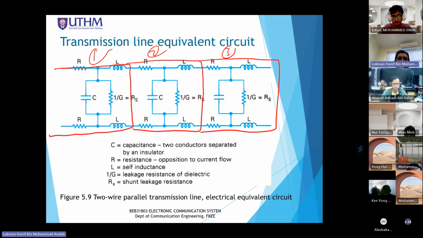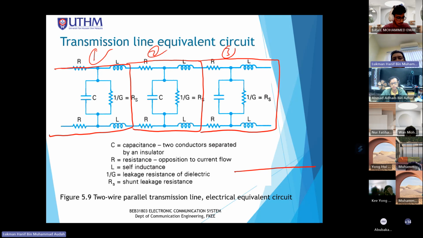Basically the transmission line consists of elements of resistance, inductance, capacitance that are repetitive over a long transmission line. So imagine that if you have a long transmission line, we can represent it in terms of this resistance, inductance, capacitance, and conductance.